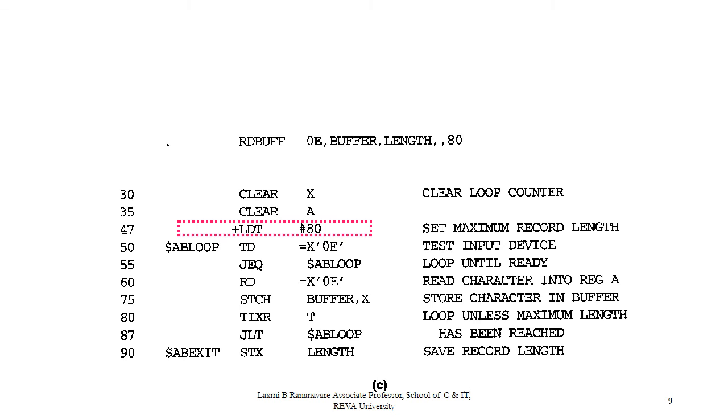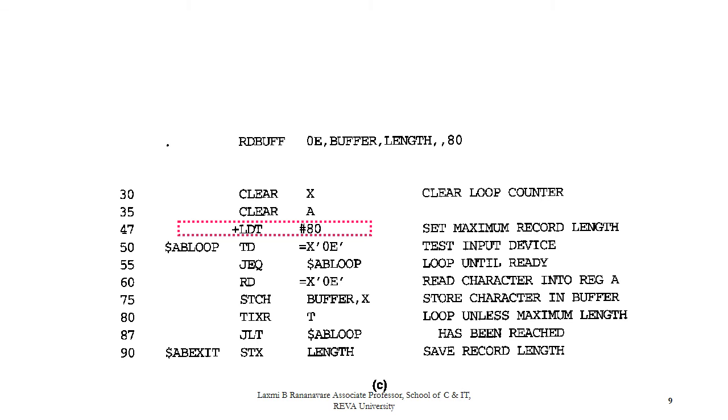If it is ready, then we are going to read one character from the input device 0E, and that character we are going to store, that is STCH. The contents of the accumulator is stored at location buffer plus the contents of the index register. The target address is calculated by buffer plus the contents of the index register.